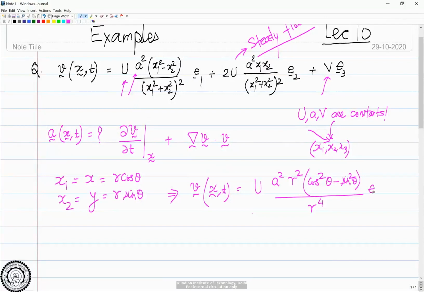So this is in E1 direction plus 2u a square into little r square divided by little r to the power 4 into sine theta cos theta, and this is E2, plus big V into E3.